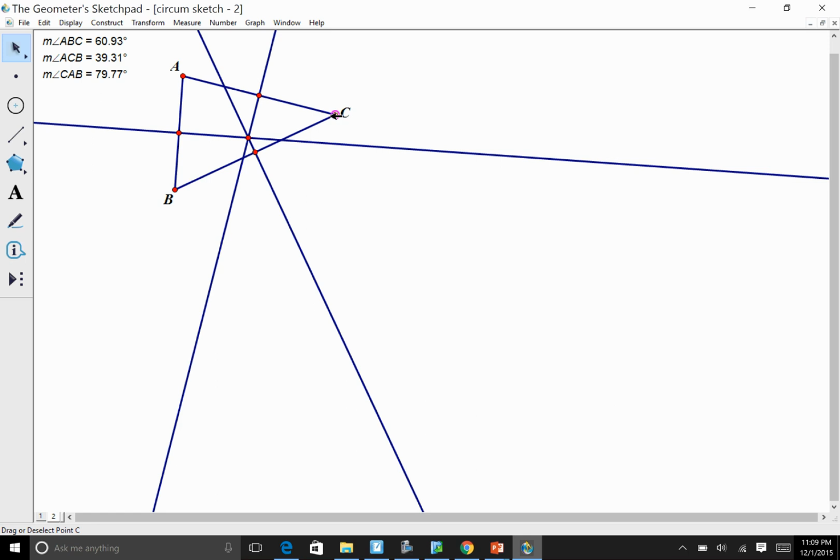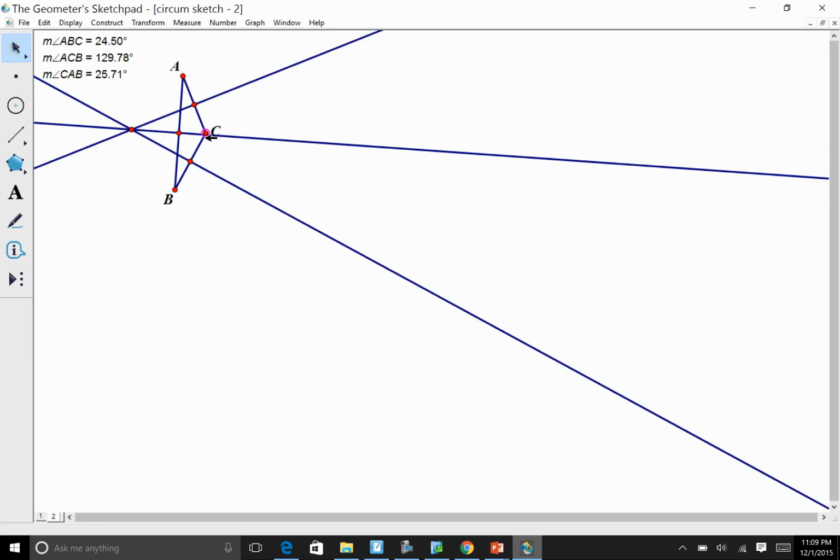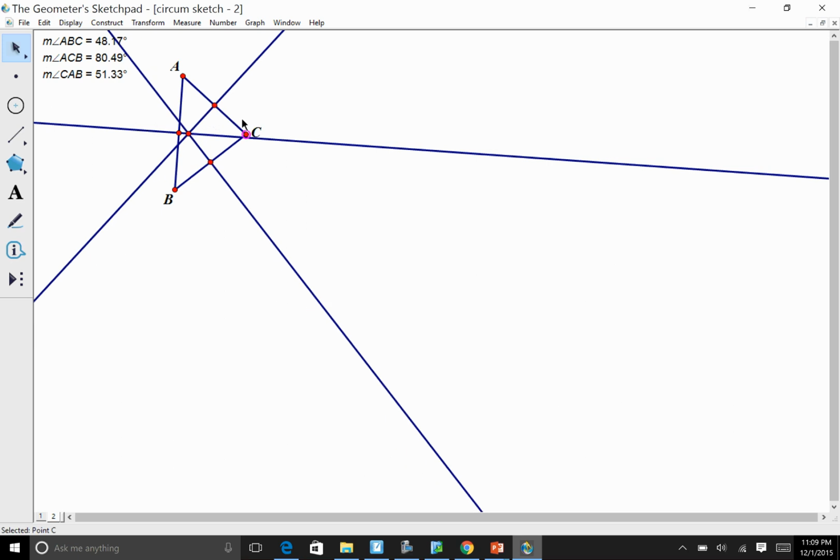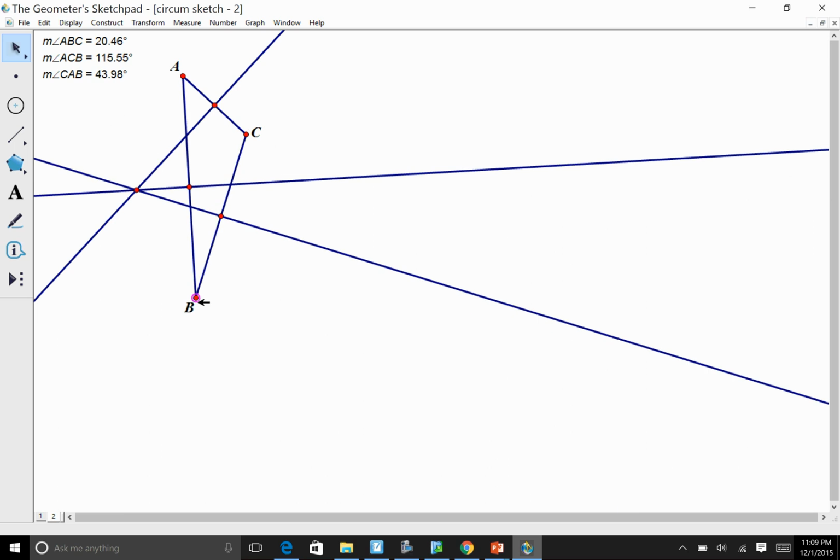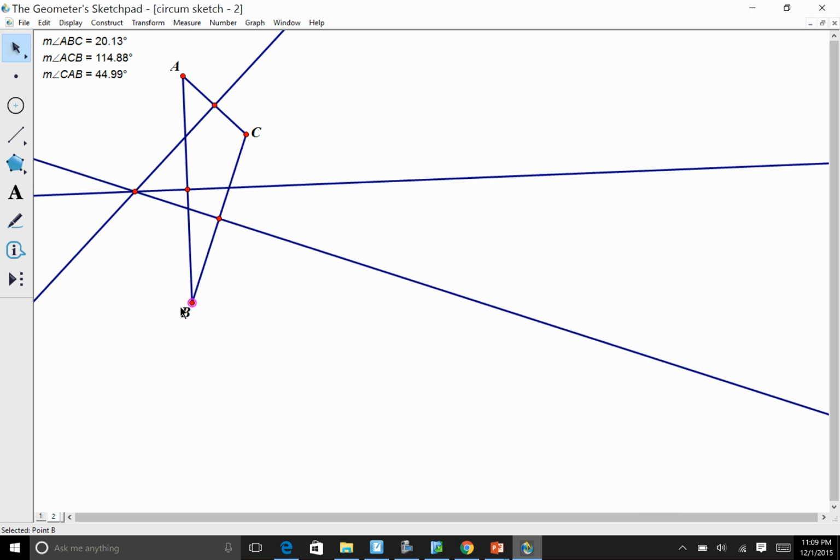Okay, let's see what else I can do. Let's flip it. So I flipped it, I've moved some vertices, and you can see by the angles it's still an acute triangle. Now let's pull out B. So I pulled out this point, and now you notice that angle ACB is now 114 degrees, so that's an obtuse triangle, and it looks like my circumcenter is on the outside of that triangle.